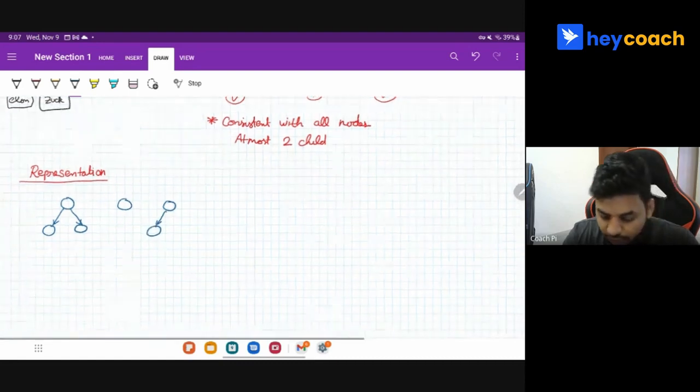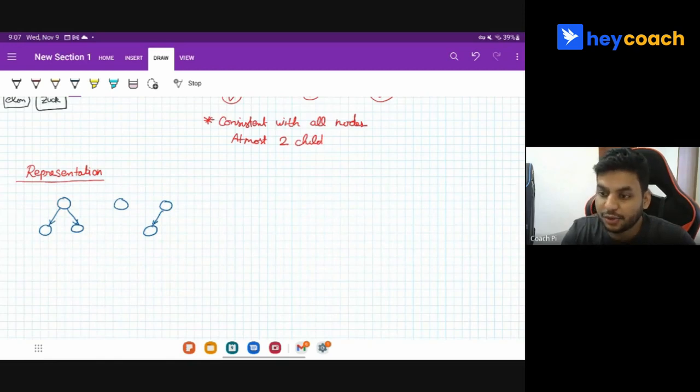Okay. So what do we need to start on a binary tree? If we see this particular representation, given a reference to a particular node, which is at the center, which is at the start of our tree, right? We can reach any node of our tree. Let's say if I have a reference to this particular node, and this node is having references to the child nodes.